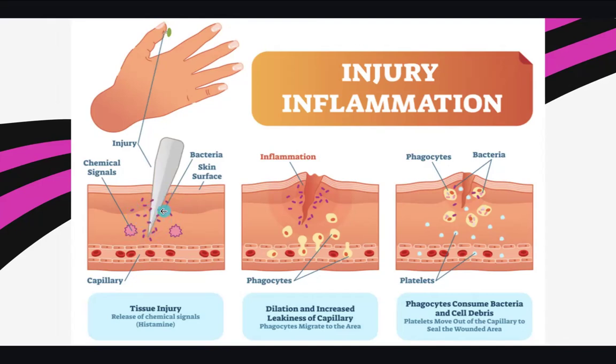Immediately this one would get infected, specifically if the tool was not sterile. So it gets infected, and then this may actually cause swelling, okay, around the tissue. So this particular infection would allow the releasing of chemical signals, or what we call histamines.